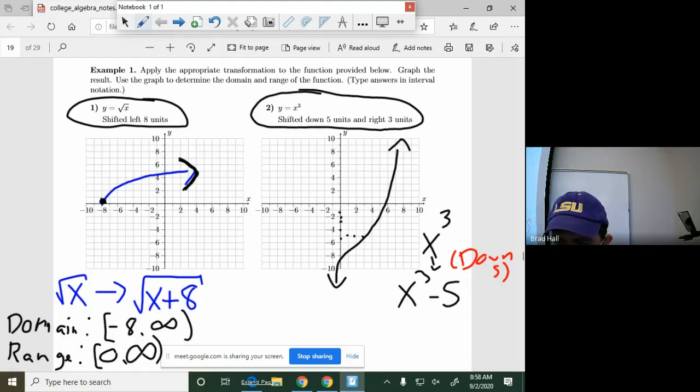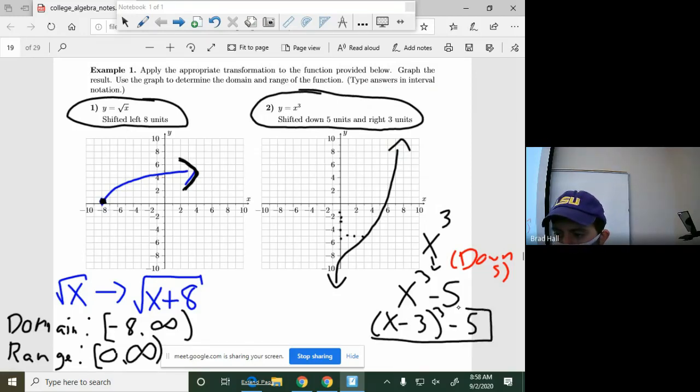So finally what we have, notice it's right next to the x. So that means whatever the function is, we need to find a way to incorporate that left or right shift into the function itself.